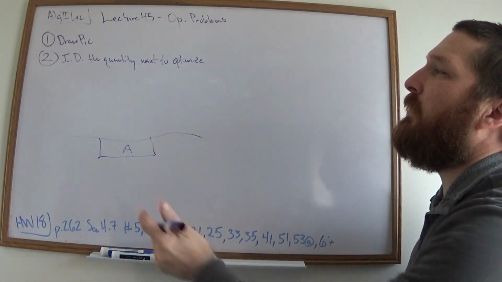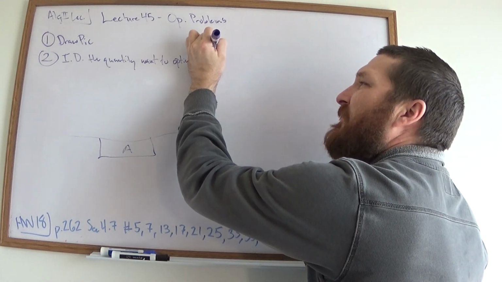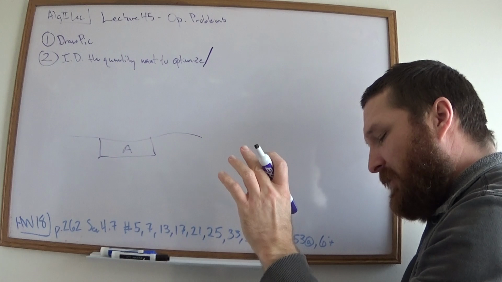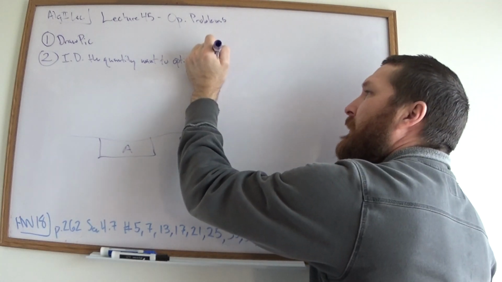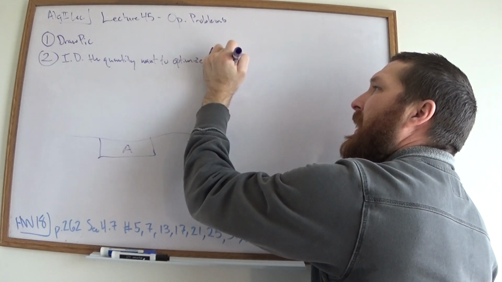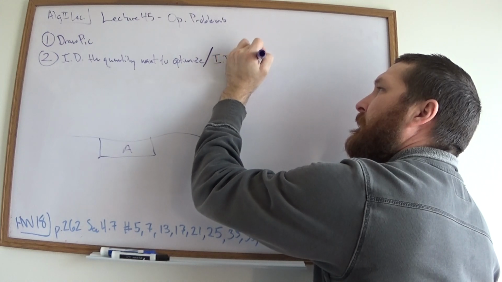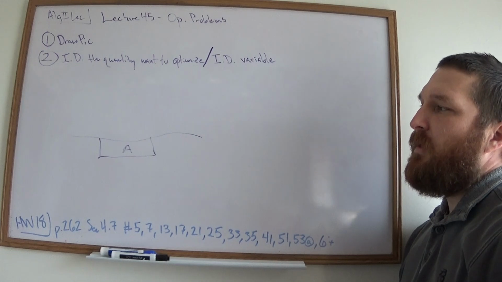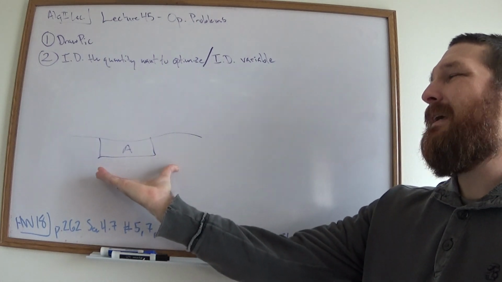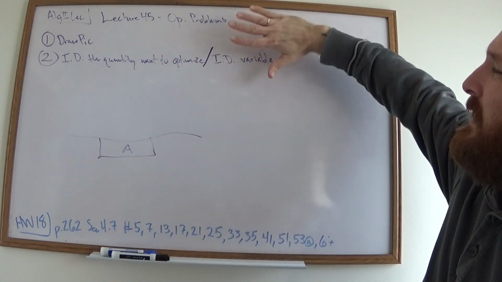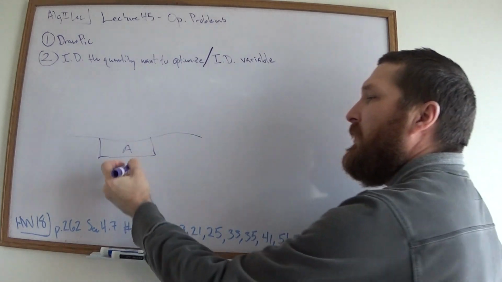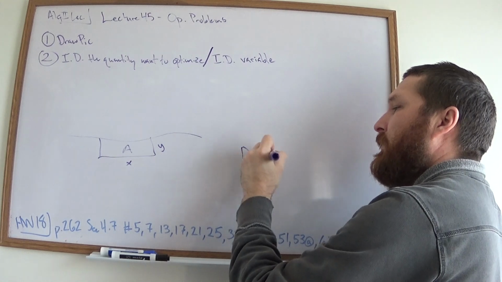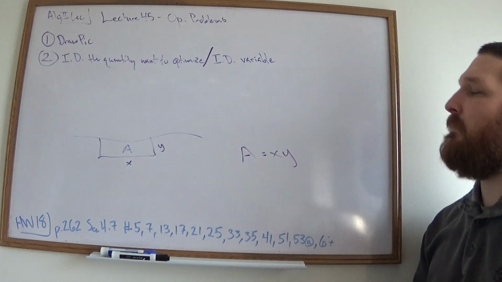But there's kind of a second part to this one. And it's not for every single one of them, but it will be good to also, in this case, ID the variable. The thing that you can change, right? So like in this type of problem, let's call this length x, this length y, then your area would be x times y, right?